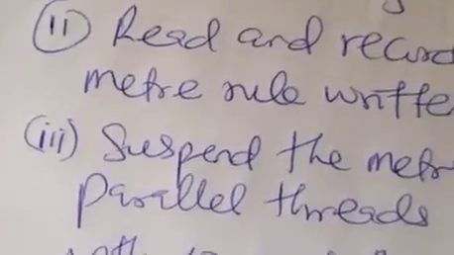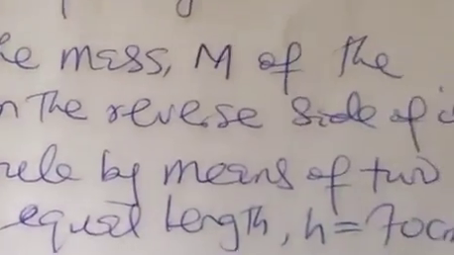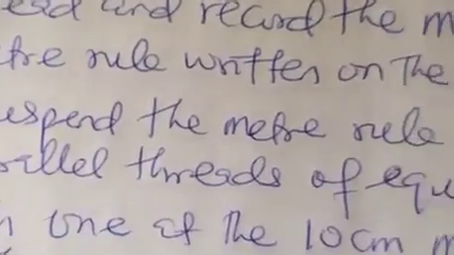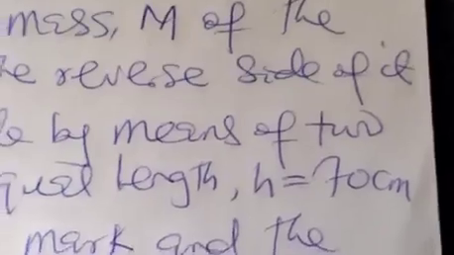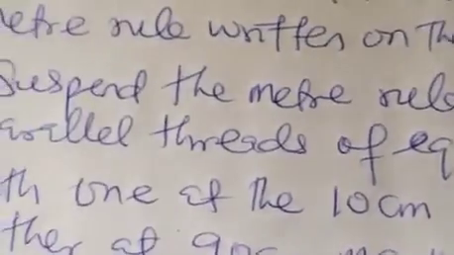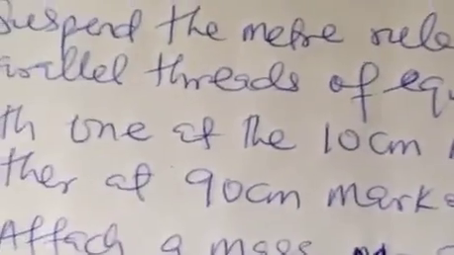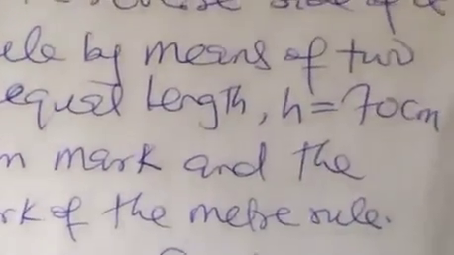3. Suspend the meter rule by means of 2 parallel strings of equal length, h equal to 70 cm, with one at the 10 cm mark and the other at the 90 cm mark of the meter rule.